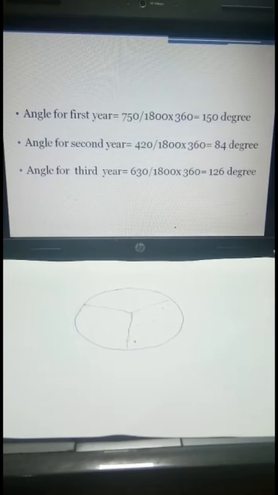Angle for the third year: class frequency is 630, divided by the total frequency 1800, times 360 degrees. So we get the particular angle for the particular section: 150 degrees for the first year, 84 degrees for the second year, and 126 degrees for the third year.